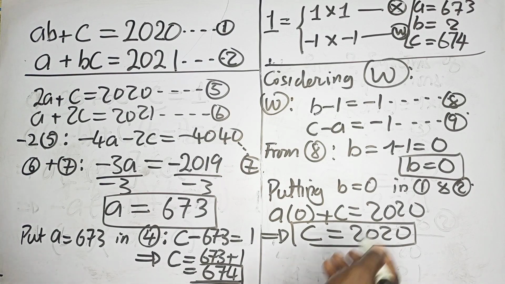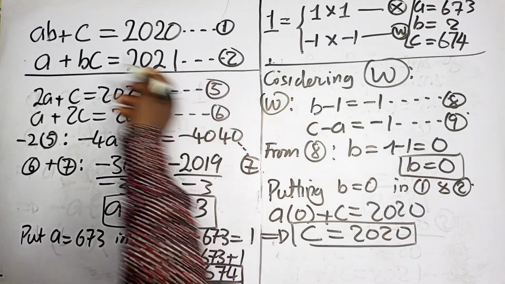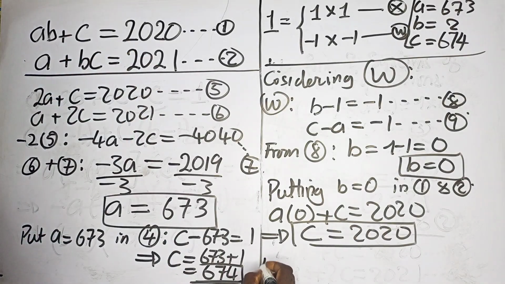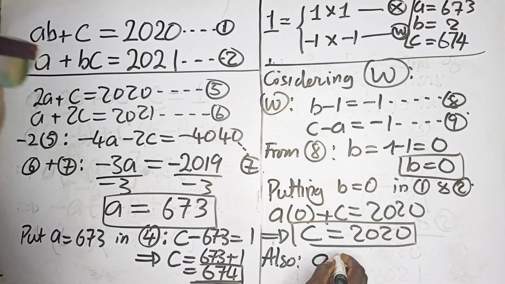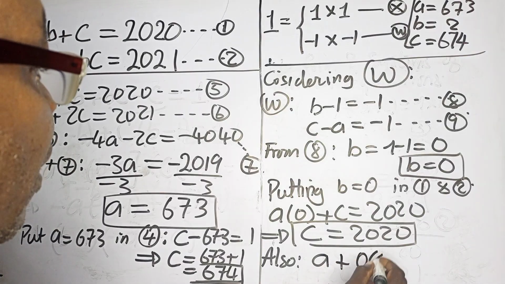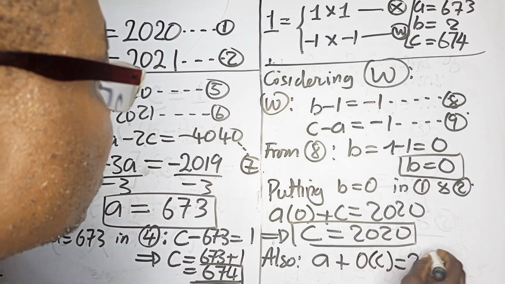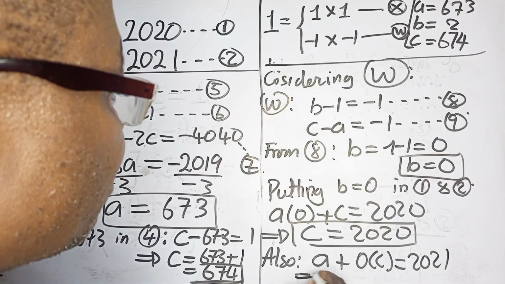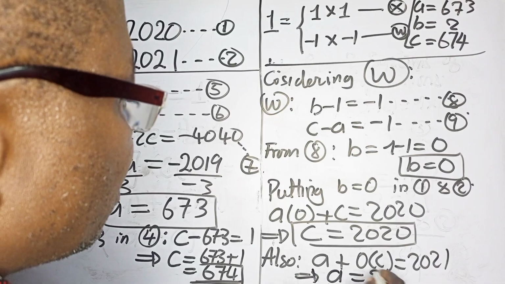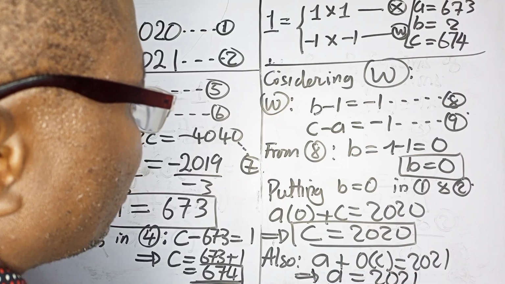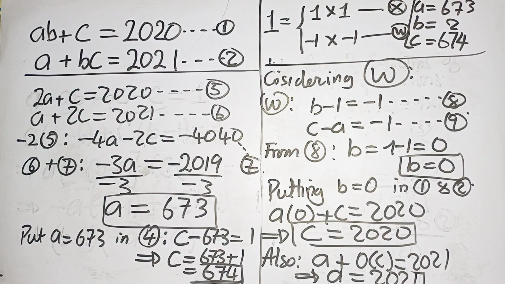Then we also take b equals 0 and put it in equation 2. We have a plus 0 multiplied by c is equal to 2021, which simply means that the value of a is 2021.